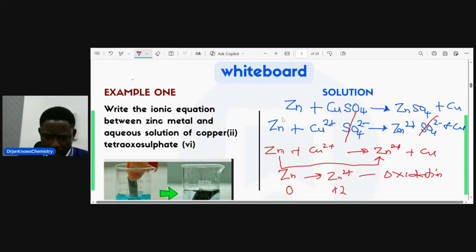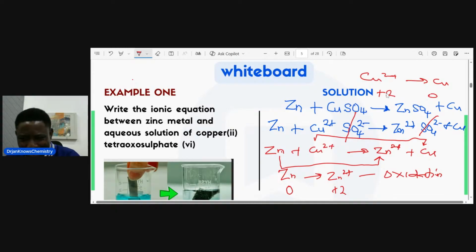If you look at copper, you will see that copper changes from +2 to this copper. I can write it like this: Cu2+ to Cu. That means the oxidation state changes from +2 to 0.